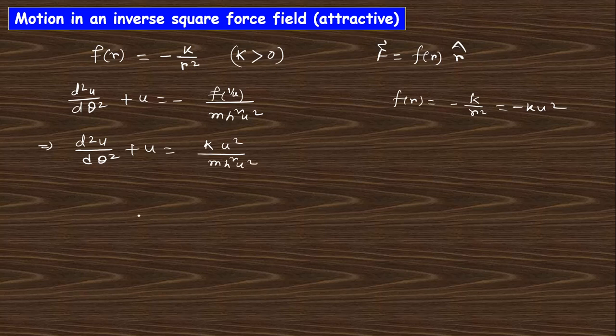So u square will cancel out. You will get the differential equation like that: d2u by d theta square plus u equals k by m h square. On the right hand side, there is no dependency on u.